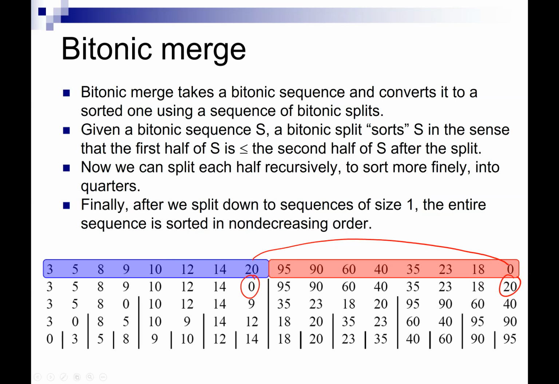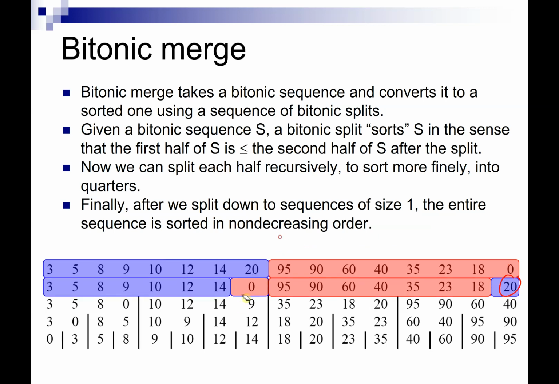Now you can check that everything on the left here, the first part of the bitonic split, the S1 part, is less than everything on the right. Furthermore, both of these parts, S1 and S2, are bitonic themselves.